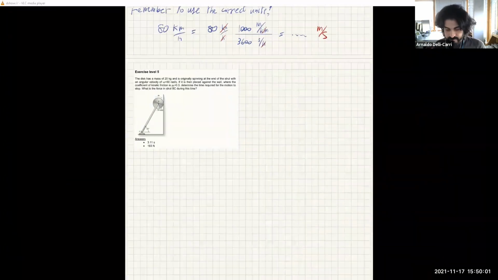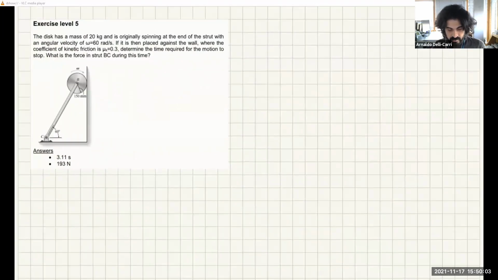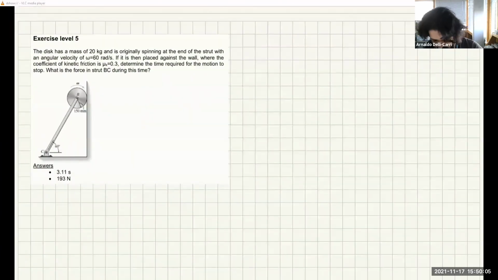Last one. This will take into account rotational dynamics as well, because this disk is spinning, and we have to make use of the rotational dynamics things. As I set this up, as you remember, let's do this later.